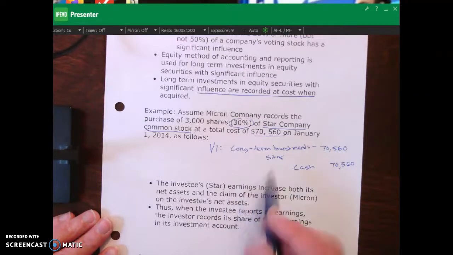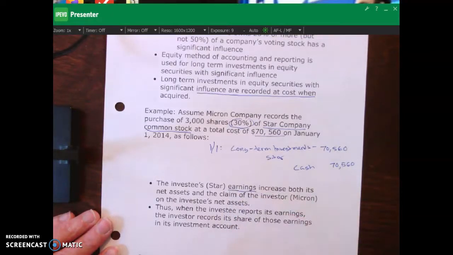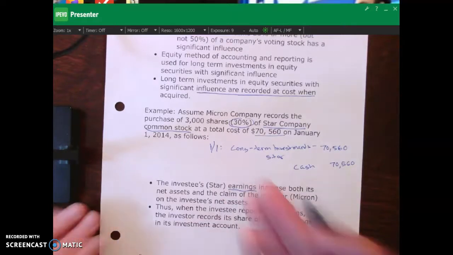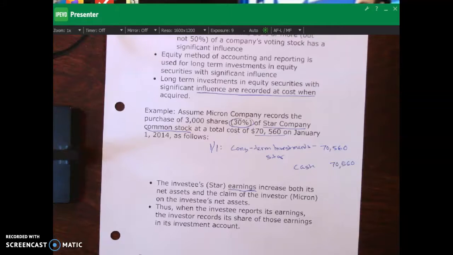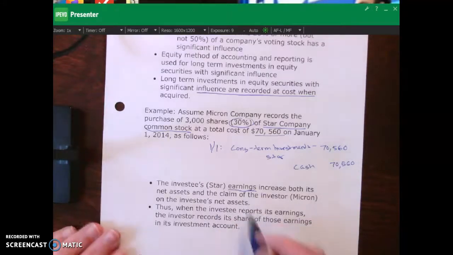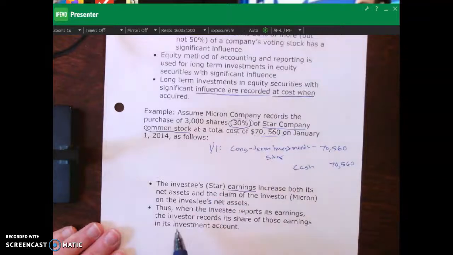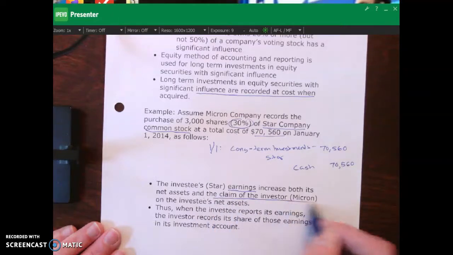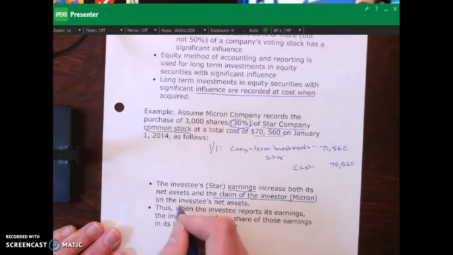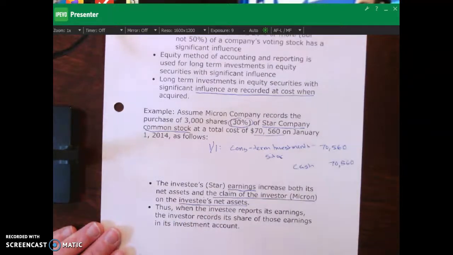Okay, so what that's saying, right, earnings, as we know, any income is closed out to capital, to equity, or in this case, if it's a corporation, retained earnings. It's going to go into retained earnings. So that increases their equity, but because this is an influential investment, that also raises the claim of Micron on the investee Star's net assets, on their equity.